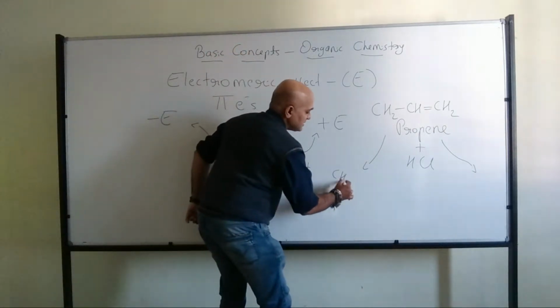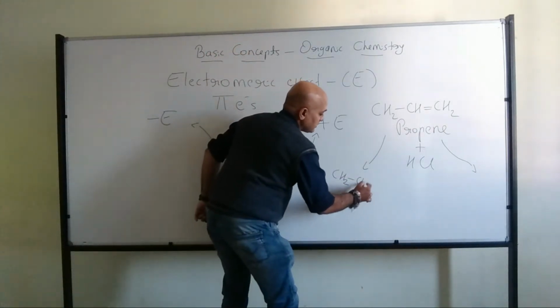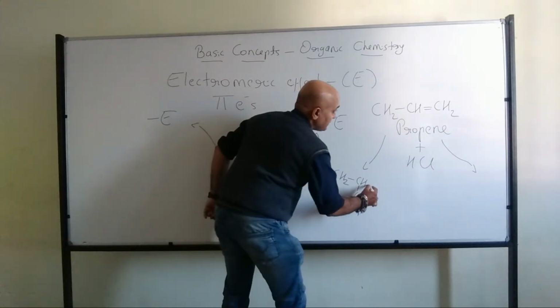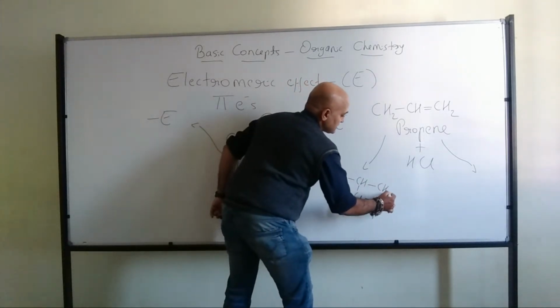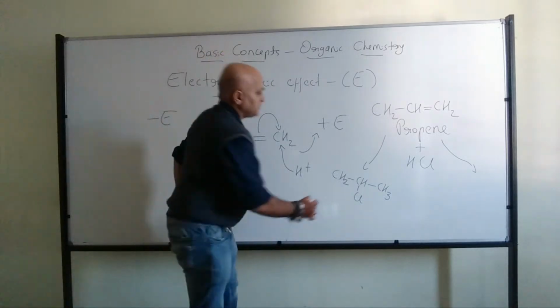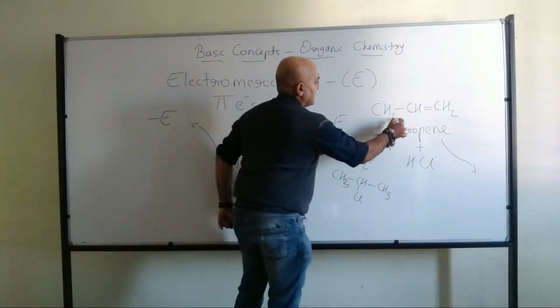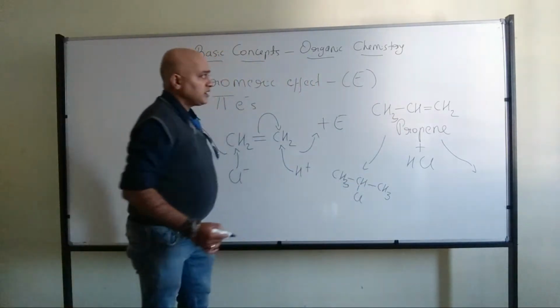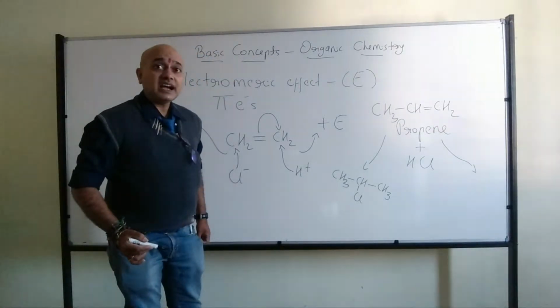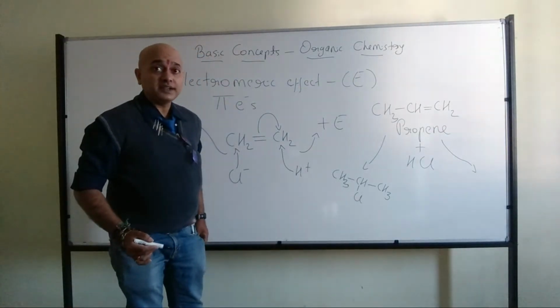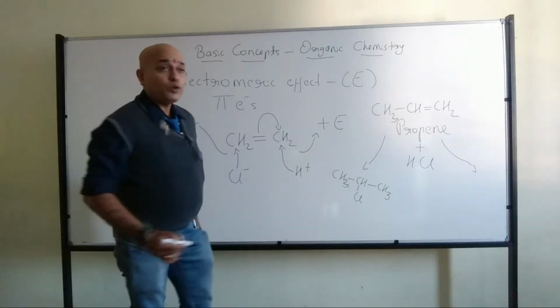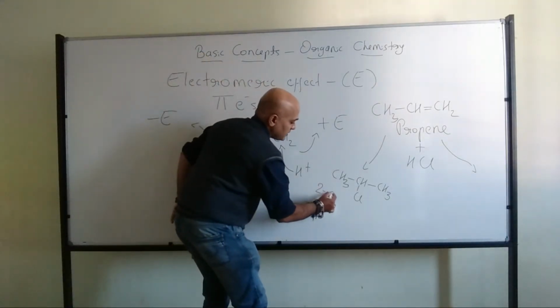One can be CH3-CHCl-CH3. Sorry, I had written CH2 but it should be CH3. That is isopropyl chloride or 2-chloropropane.